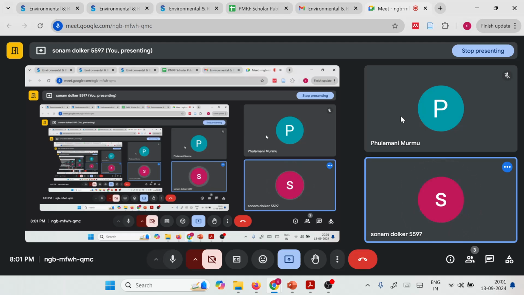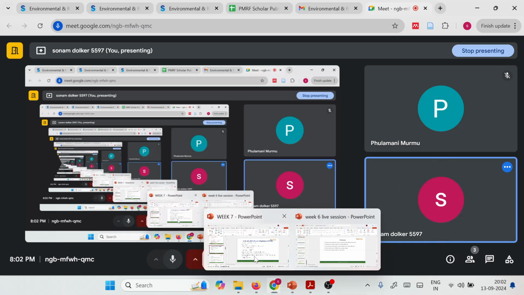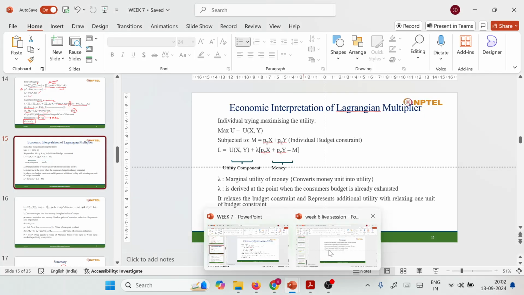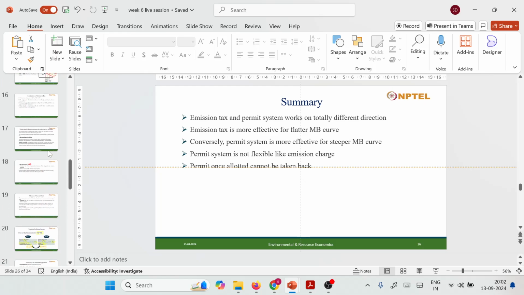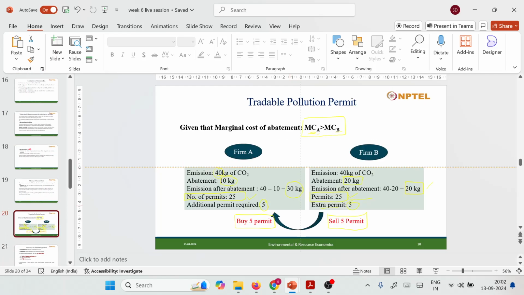So as I have discussed before, tradable pollution permit में क्या होता है कि let's say firm ए का प्राइस ज्यादा था, तो वो एमिशन कम नहीं कर पा रहे, तो ये 5 परमिट फर्म बी से लेगा। फर्म बी का 40 है और 40 में से 15 ही करने की जरूरत है क्योंकि उसके पास 25 परमिट है, बट फर्म बी ने 5 एक्स्ट्रा किया और 5 एक्स्ट्रा फर्म ए को भेजा है.